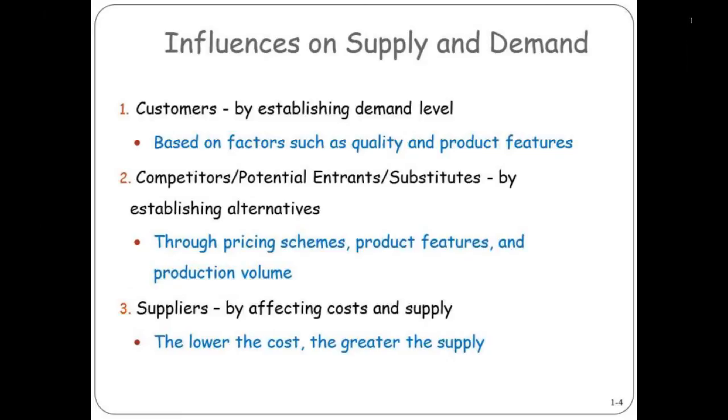And so, while pricing based upon cost is very dangerous because the market should define price, you need to price to make money, ultimately. And so suppliers will affect both your costs and your ability to get supply.